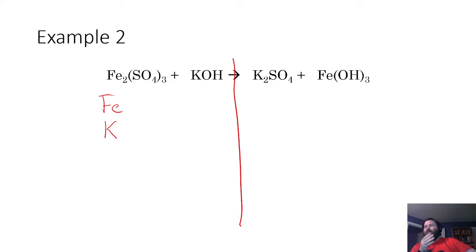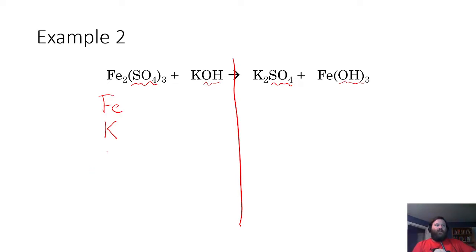a tip from me to you when doing these, if you have polyatomic ions that are on both sides of the equation, like sulfate is over here, and hydroxide is over here and over here, you can just list the polyatomic ions instead of the elements.